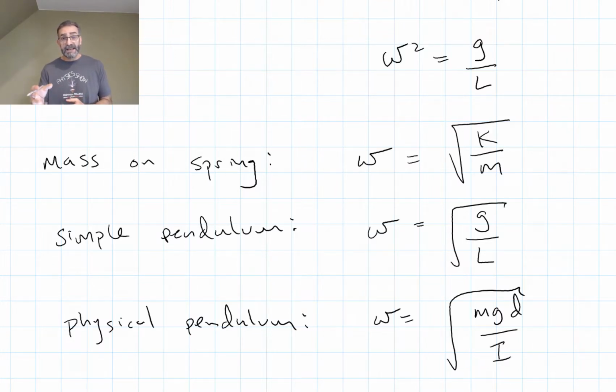Negative the constant times the original function. That constant is omega squared. And for a mass on a spring, it's the spring constant divided by the mass. For a simple pendulum, it's g over L. And for a physical pendulum, it's slightly different. There are other types of oscillating systems, and omega takes on slightly different forms for each of them. As long as the force is proportional to the displacement, we get simple harmonic motion.